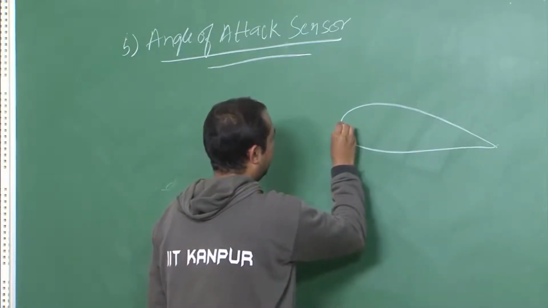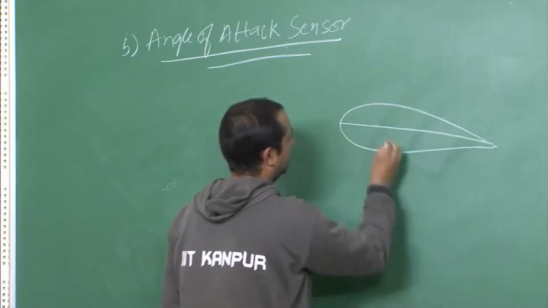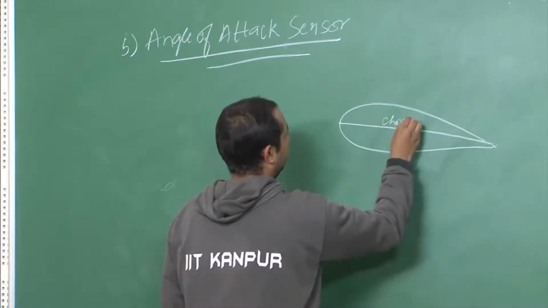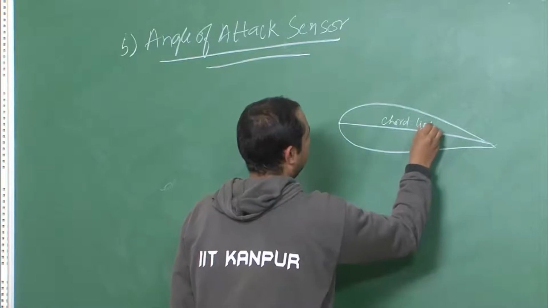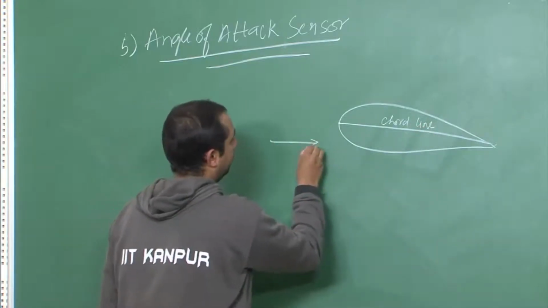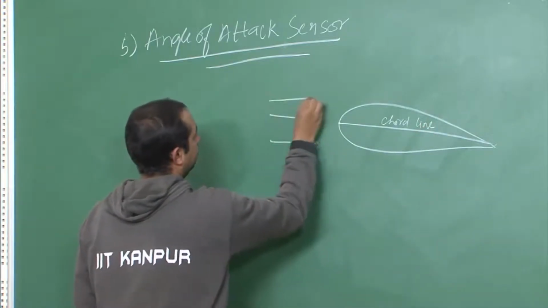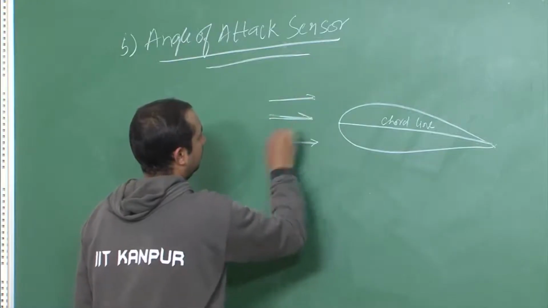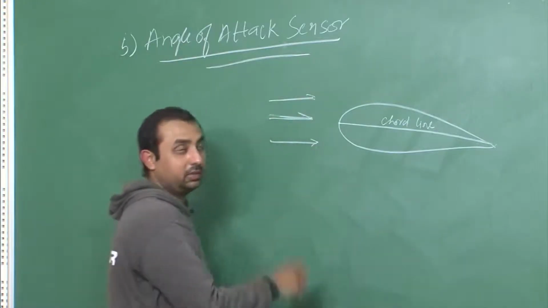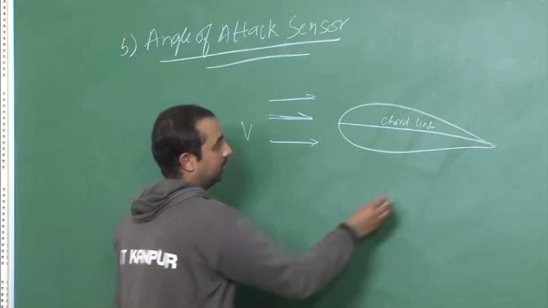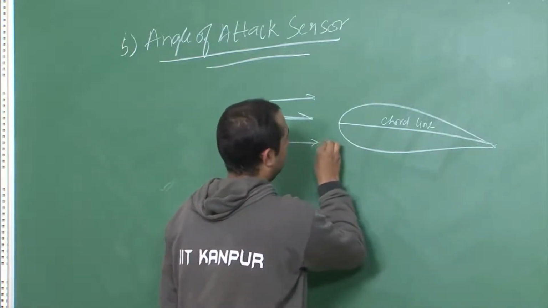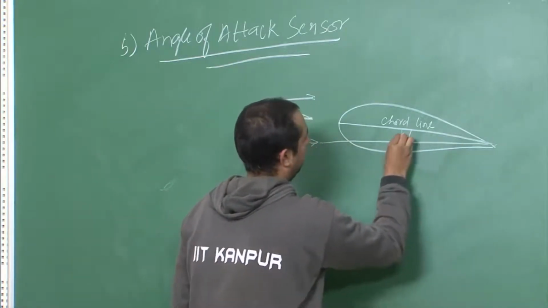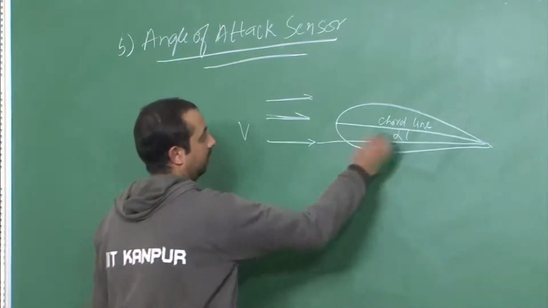When I connect your leading edge to your trailing edge, this is known as chord line. This is your free stream velocity. These are all parallel, and the angle which this free stream velocity makes with your chord line is your angle of attack represented by alpha.